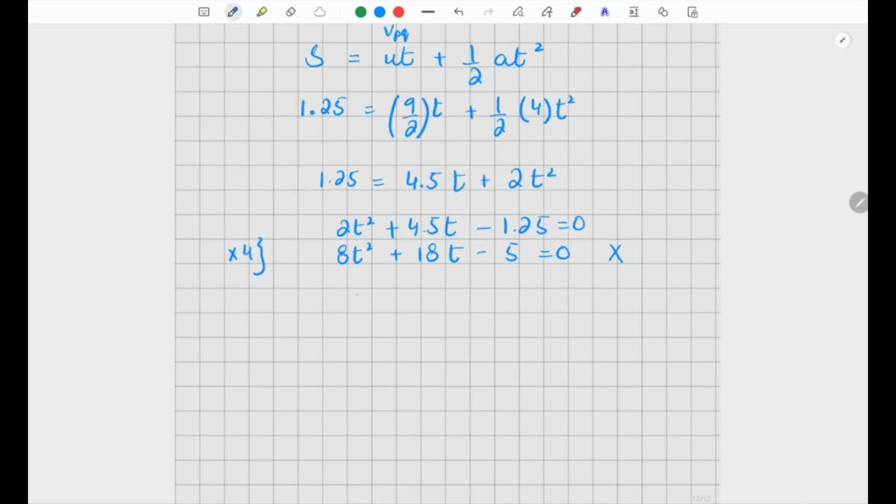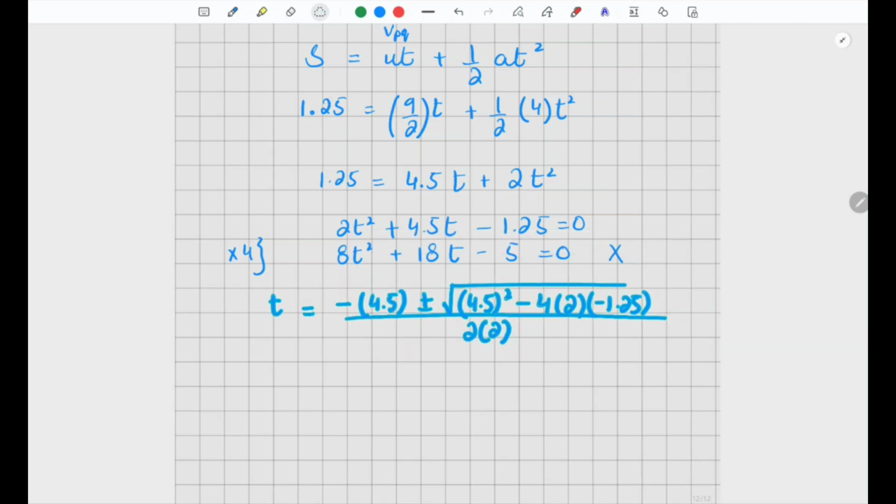So let's apply that. T equals minus b, which is here 4.5, plus minus the square root of b square, 4.5 square, minus 4a, where a is 2 and c is minus 1.25, over 2a. After calculating it in the calculator, this will directly give you two values of T, 0.25 and minus 2.5.